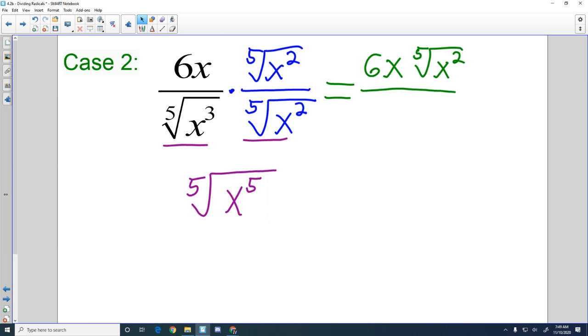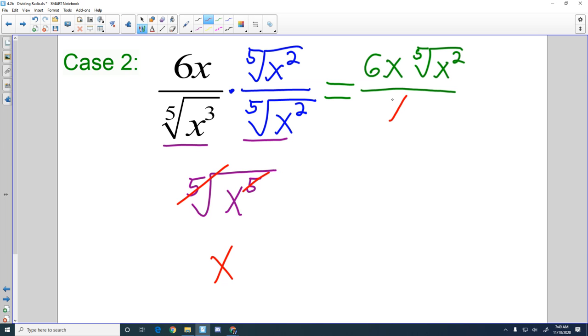They're both like a 5. So the 5th root of x to the 5th, essentially it's saying, hey, if I've got 5 x's, how many groups of 5 can I make? Well, you can make 1. So it's like those 5 x's escape outside the radical, if you remember my concept from last week on how to simplify these. So the index and the exponent cancel out, and they leave us with just a regular old x.